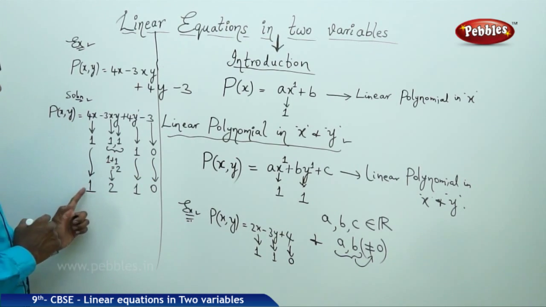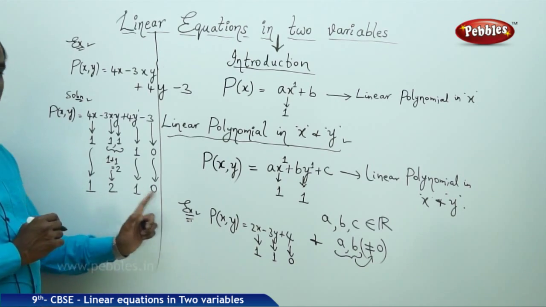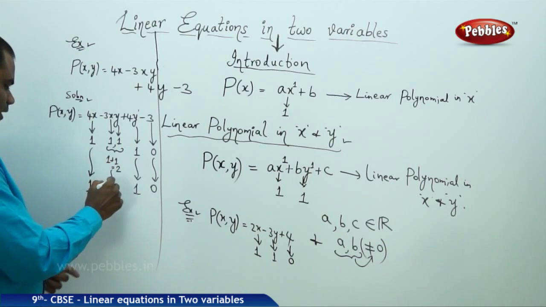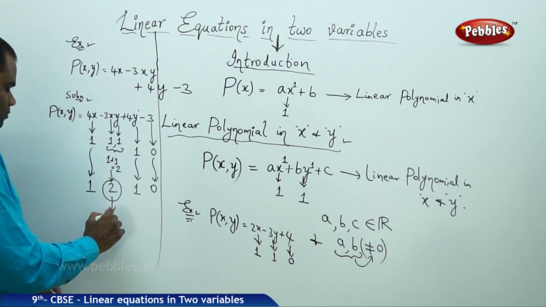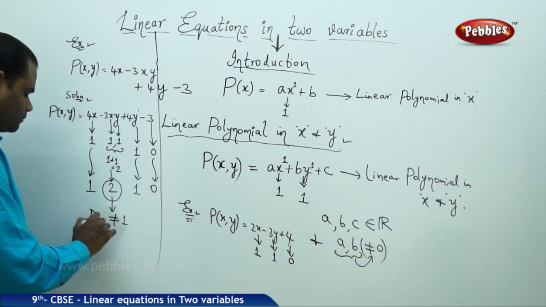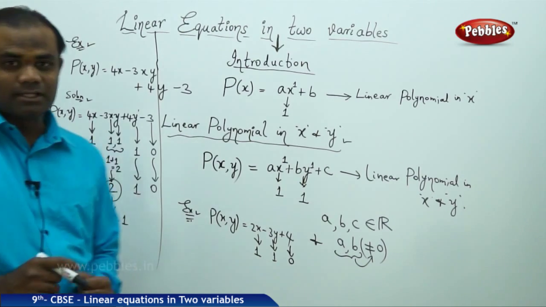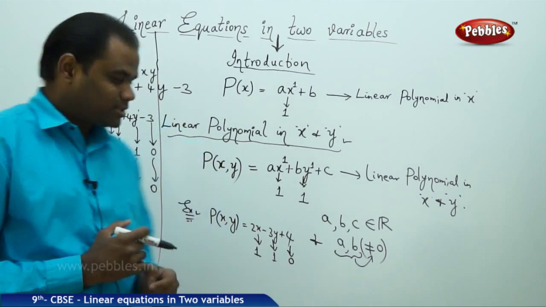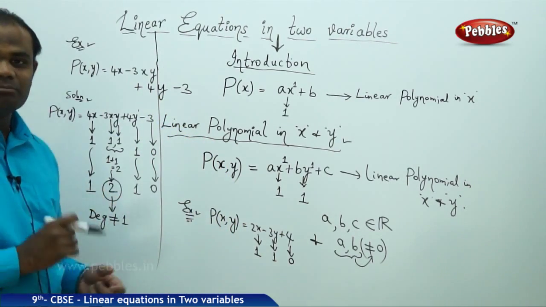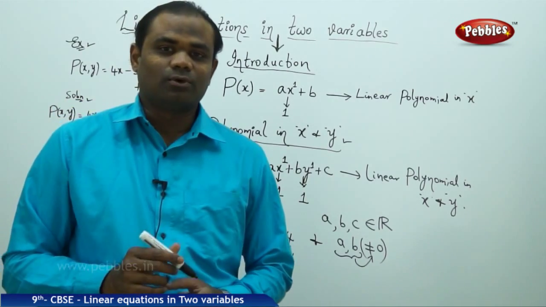Therefore, when I compare each of the degrees 1, 2, 1 and 0, I identify that the second term, which has degree 2, is not equal to 1. Now, because the degree is not equal to 1, and the highest degree for the second term is 2, it cannot be a linear polynomial.